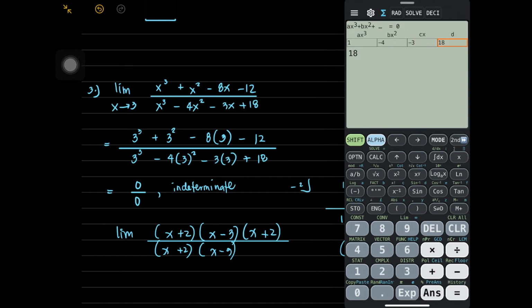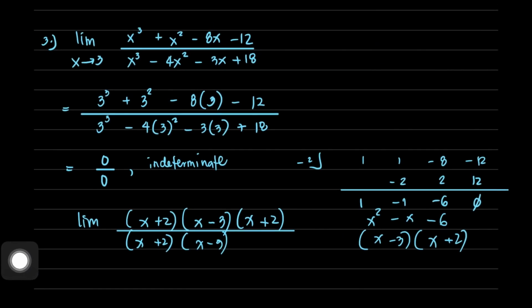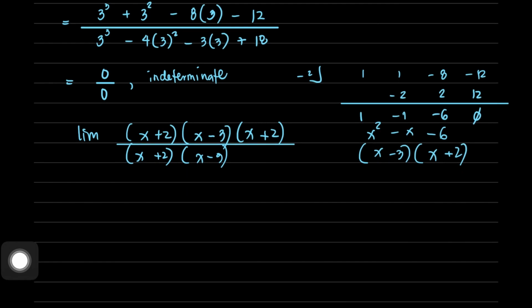And again, it only gave us two factors. Since the degree is equal to 3, one of the roots here is also repeated. So again, we're going to use synthetic division to determine which root is repeated.